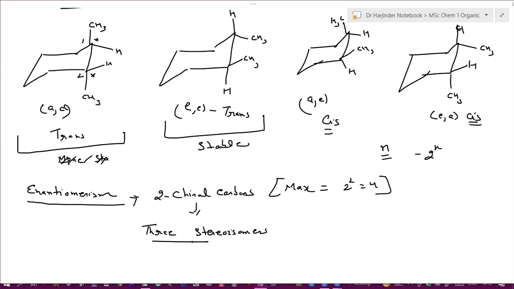So what are those 3? One is your axial, second one is equatorial. So one stereoisomer is this one, another stereoisomer is this one. What about this one?